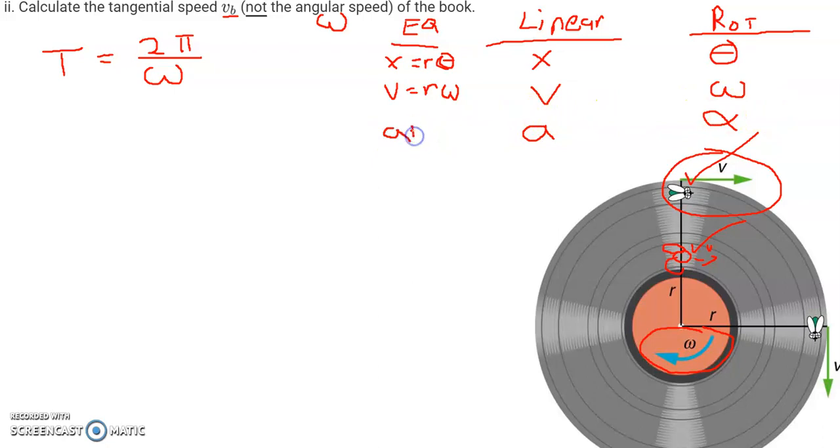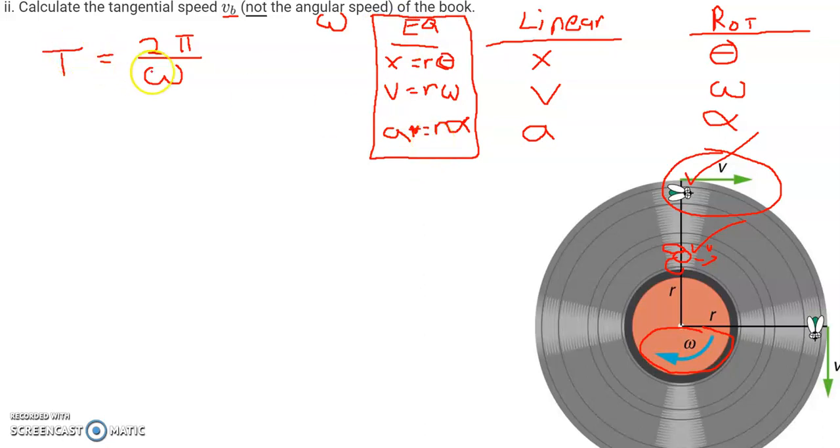To get between those, a equals just the radius times that one. So these are not on the equation sheet, so I would have them written down somewhere, because the test this year is open book.